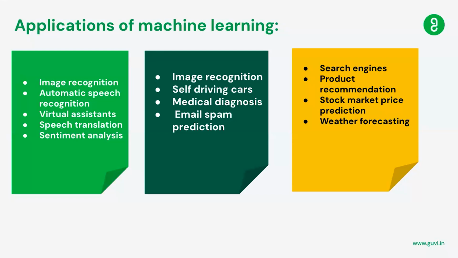Some other applications such as speech recognition, virtual assistants, sentiment analysis require NLP-based technologies. Some other standard applications like search engines, stock market price prediction, weather forecasting involve a lot of numerical data. So in this particular masterclass, we'll be focusing a lot on computer vision related applications and computer vision related modeling tasks.